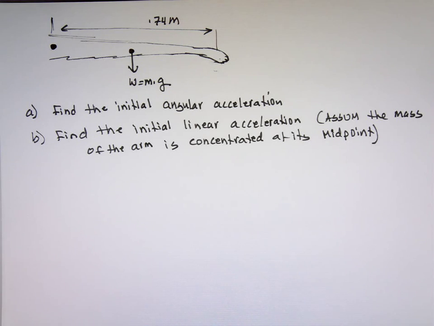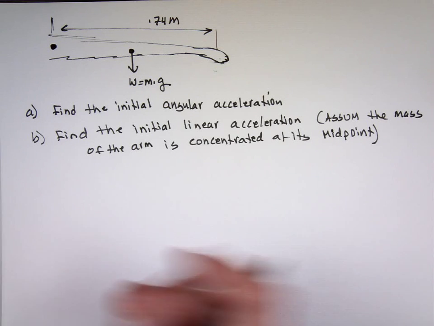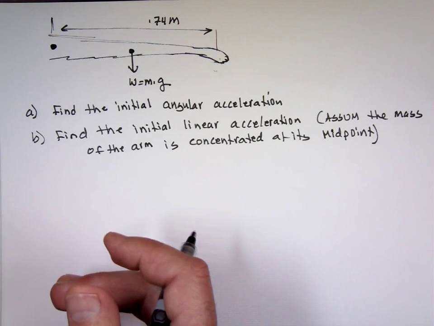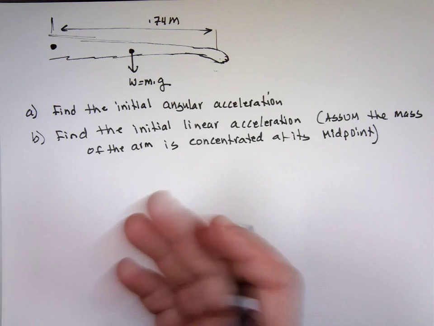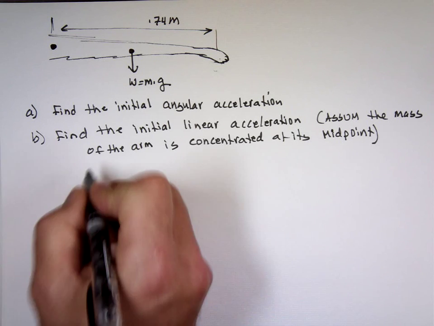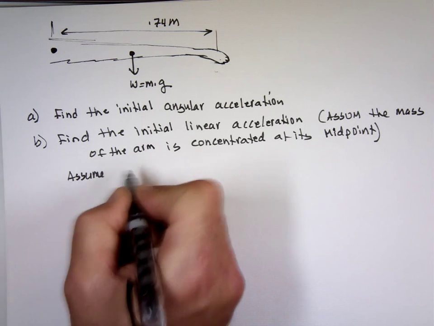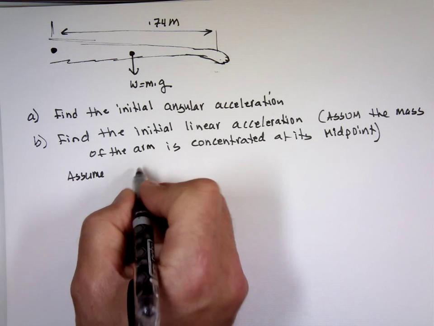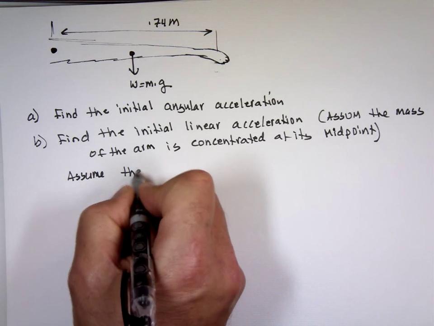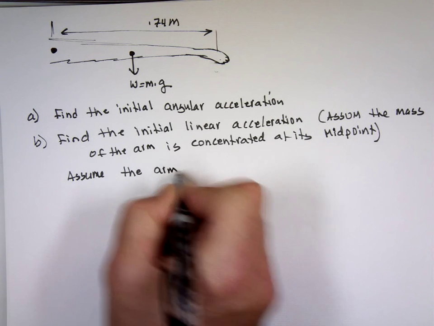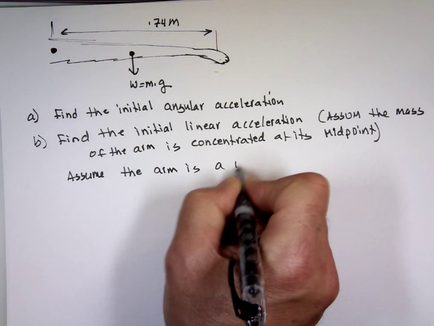You know we're going to need the inertia. And the other thing we have to assume, besides that the arm for the inertia is a uniform rod: assume the arm is a uniform rod.